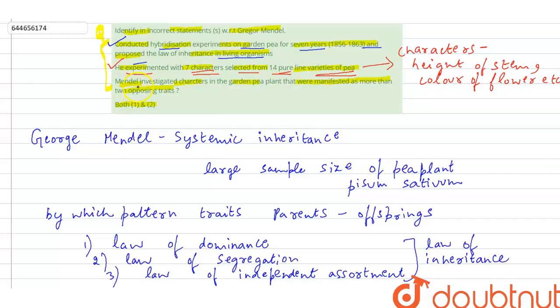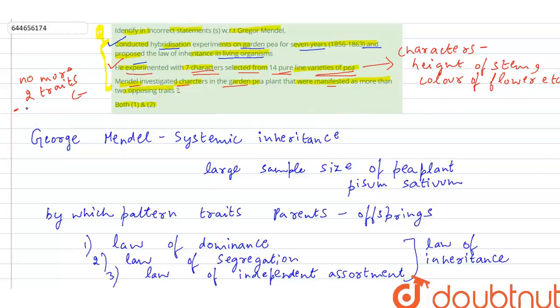So the next option we have is, Mendel investigated characters in the garden pea plant that were manifested as more than two opposing traits. So there were no more than two traits, as he took the example of height of the stem.